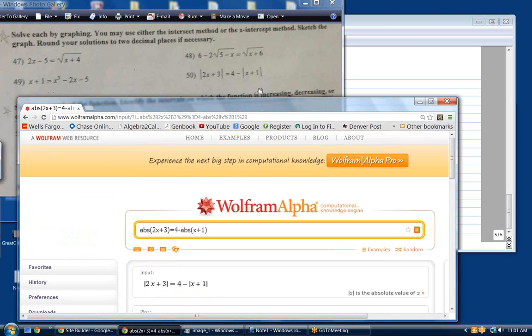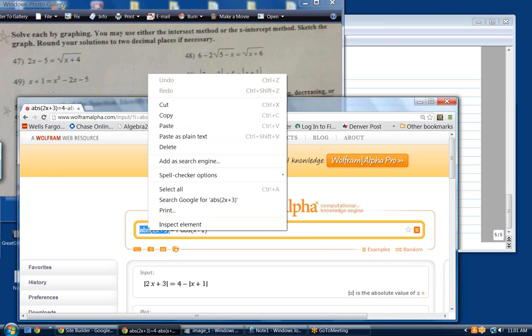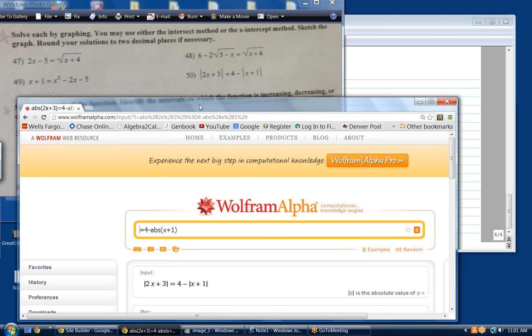Yeah. Okay, now to plot this as one function only, I'm going to move the left absolute value over to the right. So I'm just going to cut, take away that equal sign, put a negative sign, and paste. Now that is one function that's equal to 0, because once I took that away from the left side, what was left behind was 0.